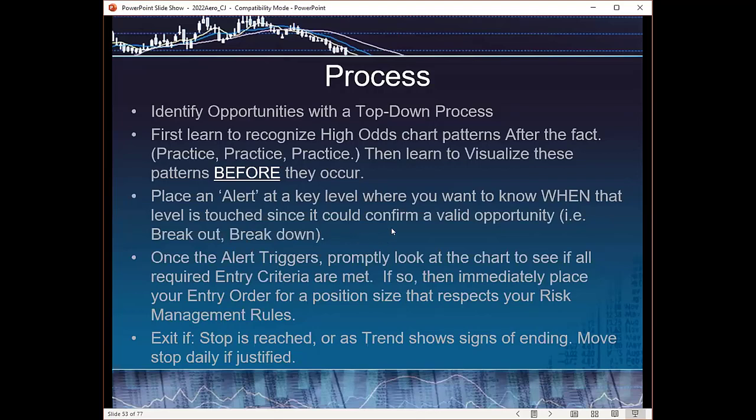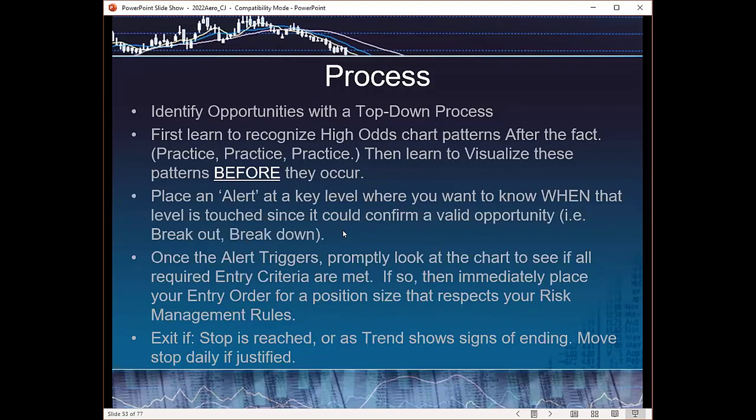The next step is when I see an opportunity forming, I need to remember to program an alert at that key level. So when that price is touched, that alert goes off. I get a message on my cell phone. I go to my computer wherever I'm at, or if I have access, and pull up that chart and then make a decision to pull the trigger or not.